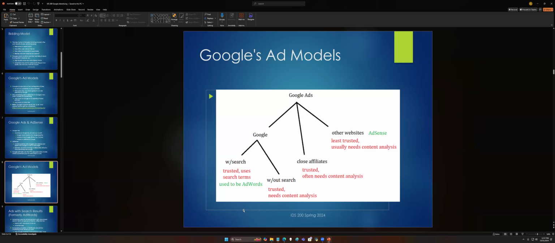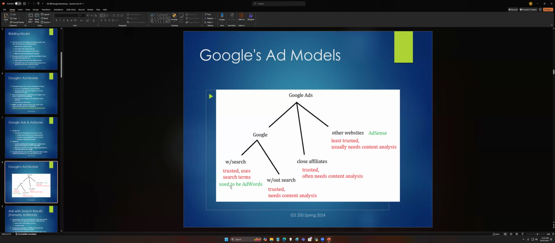So for ads shown with search results, the results tend to be substantially better. But even for ads that are picked using content analysis, they can still often do well enough for Google to make money.